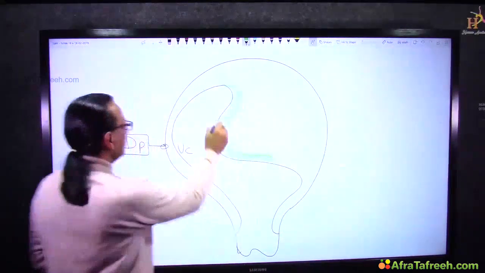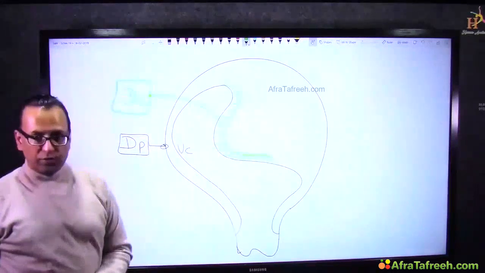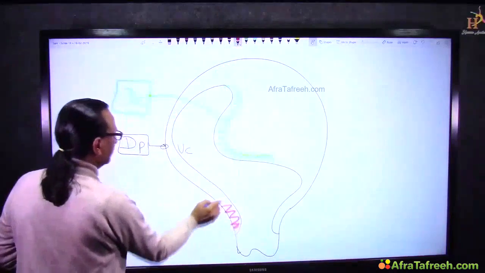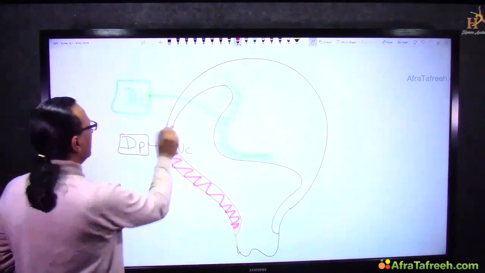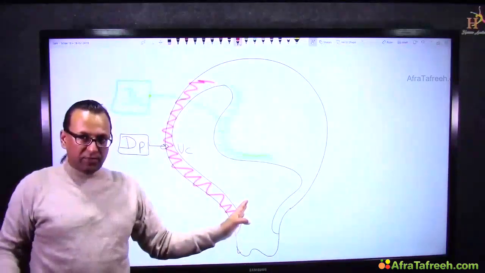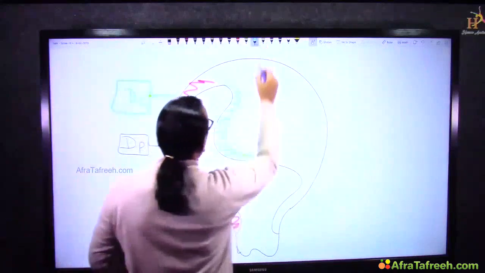If that is the decidua capsularis, then we also have seen decidua parietalis. And between the two is the uterine cavity. But where is decidua basalis? If you say decidua basalis, then it is here.